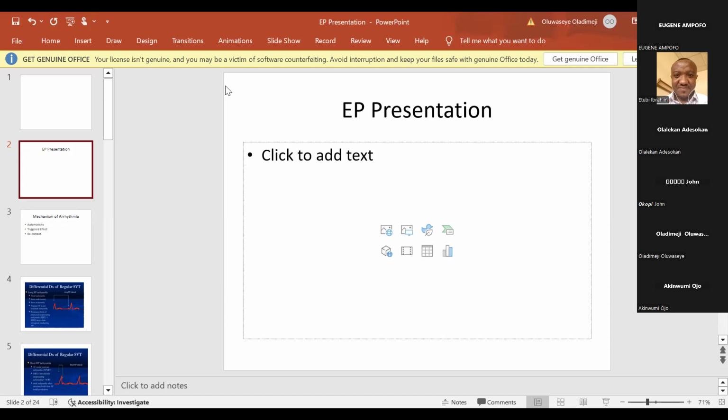Other important information is that EP can make a diagnosis when the cause of the arrhythmia is not known. For example, you've been following up a patient, either symptomatic or not. ECG has been normal. You've done Holter, Holter is normal.